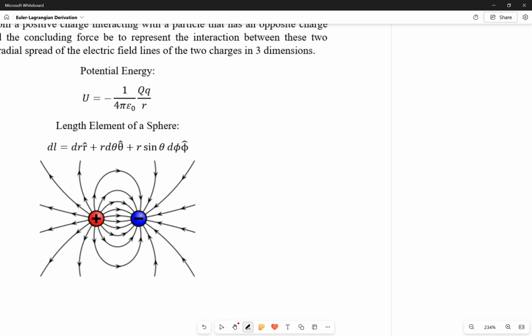So I will define the velocity over here as v equal to L dot.